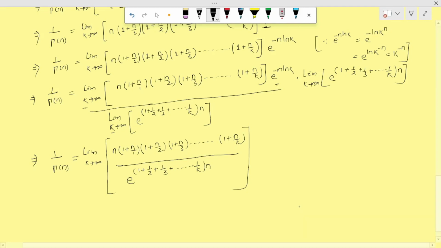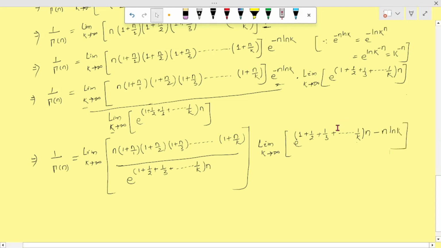If I put this term in this limit, then what do I write? I have to write limit k tends to infinity, exponent to the power (1 plus 1 by 2 plus 1 by 3 plus so on up to 1 by k) whole into n, plus here minus n ln k.